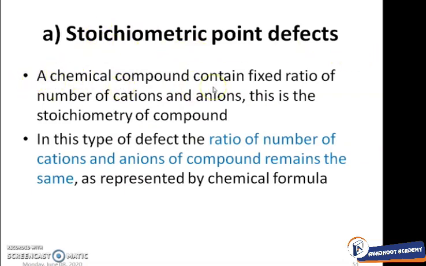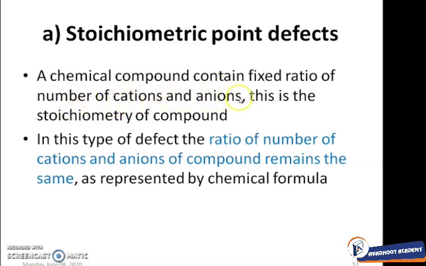A chemical compound contains a fixed ratio of the number of cations and anions. This is called the stoichiometry of the compound. When in a particular compound there is a fixed proportion of cations and anions, that is called stoichiometry of the compound, and most crystalline solids have a specific stoichiometry.